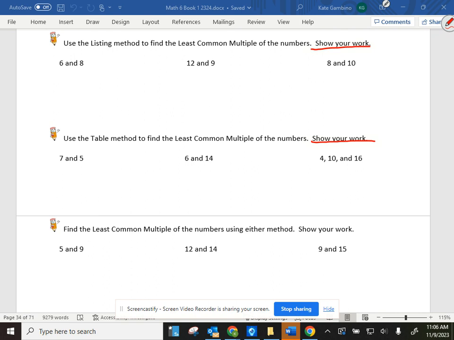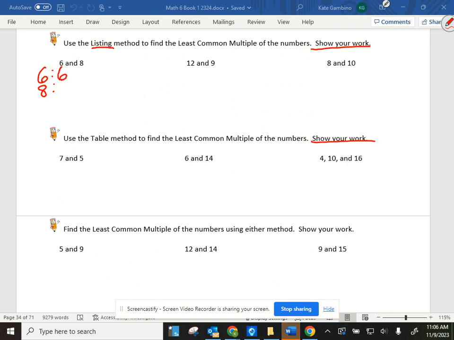So our first one is using the listing method. So I need to list the multiples of 6 and list the multiples of 8. Who can tell me the multiples of 6 up to the 10th one? Jimena.